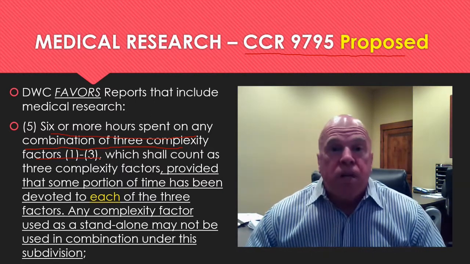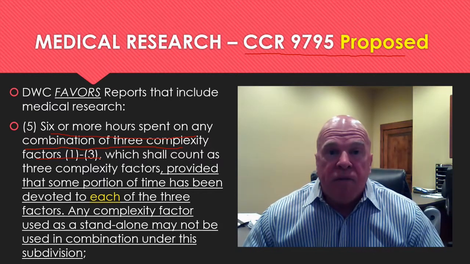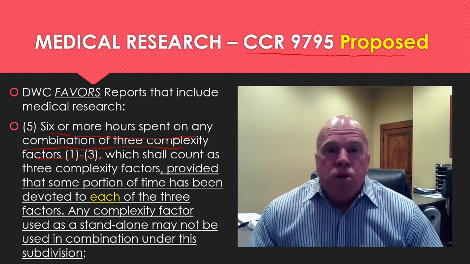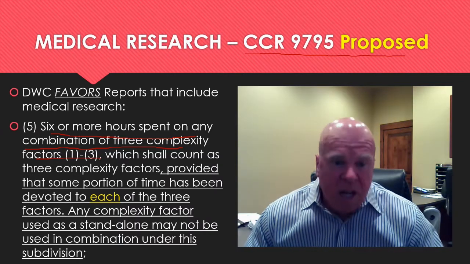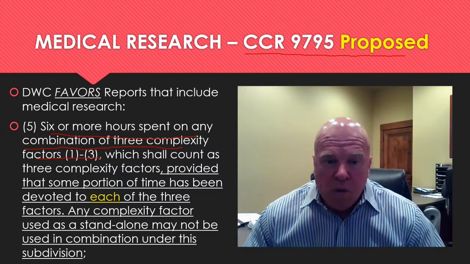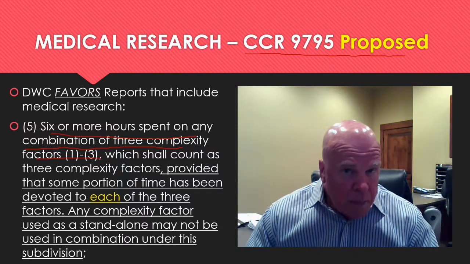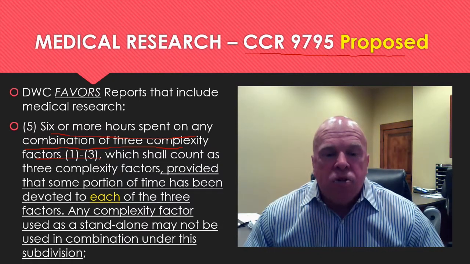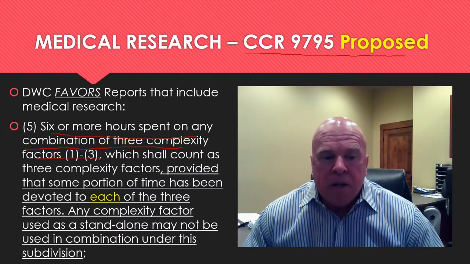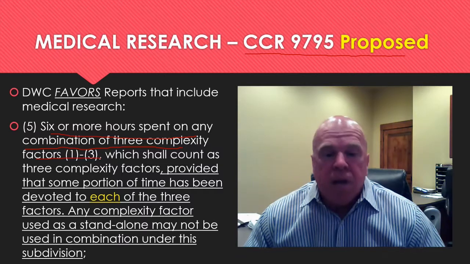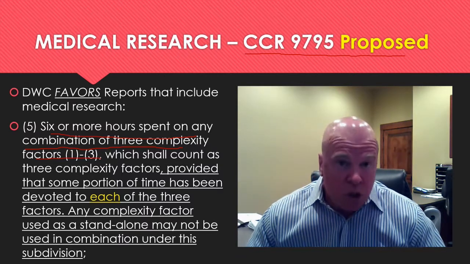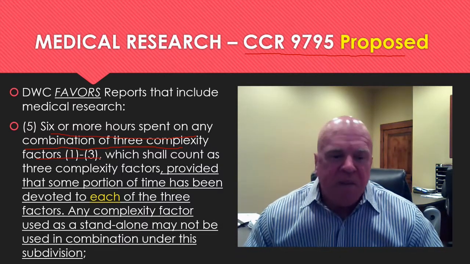And then simply we need a 4th complexity factor to qualify for the ML 104. Well, the new proposed language includes the following. It says 6 or more hours on any combination of the 3 complexity factors, provided that some portion of time has been devoted to each of the 3 complexity factors.